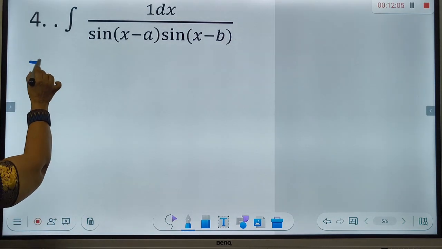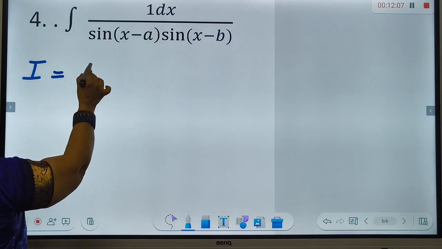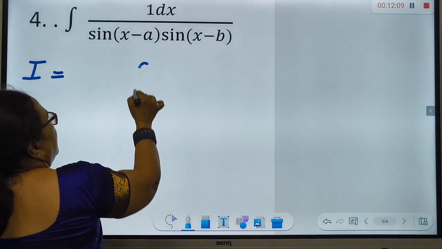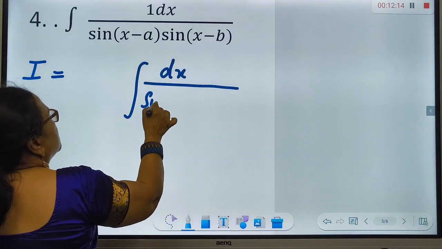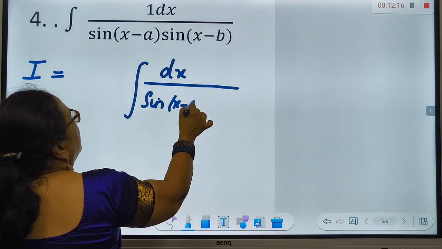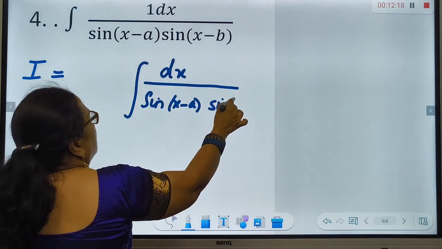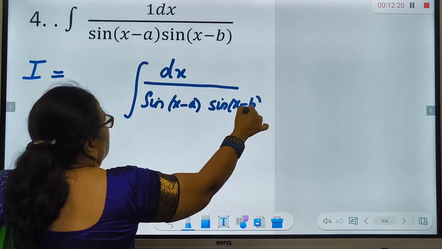This is again a problem which involves manipulation. Okay, so we have integral of dx by sine of x minus a into sine of x minus b in the denominator.